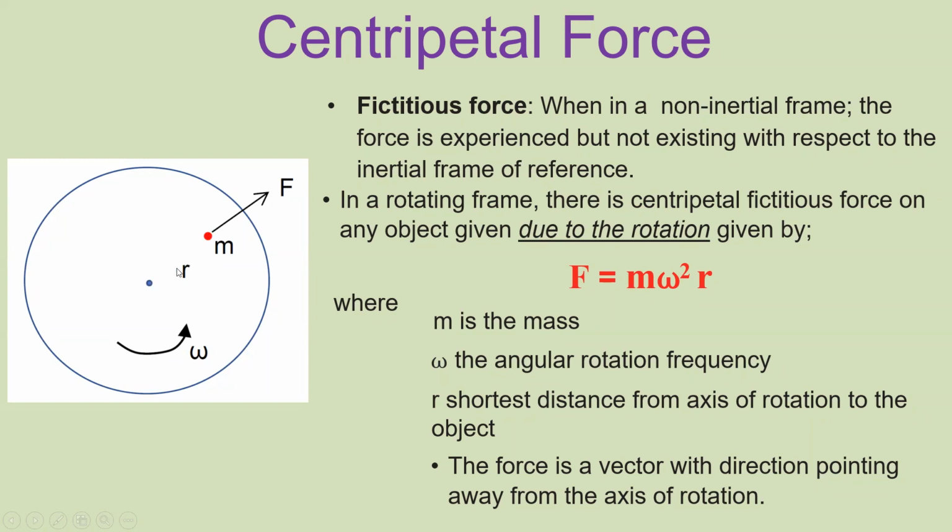This circle is the locus of the particle, that is, its moving path. The radius of that path is the line joining the particle and the center.